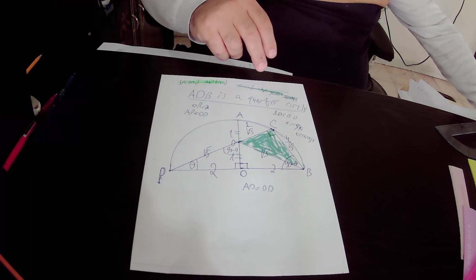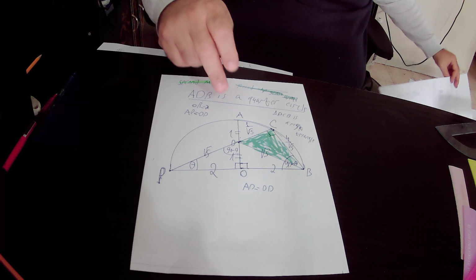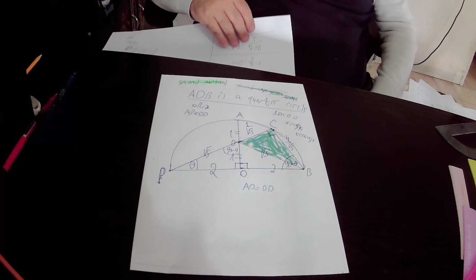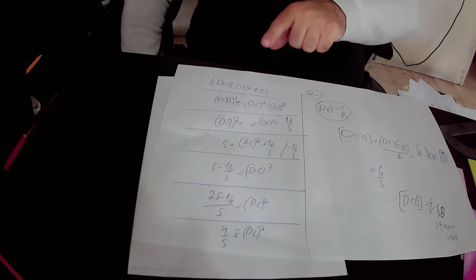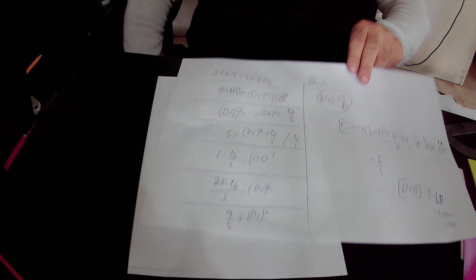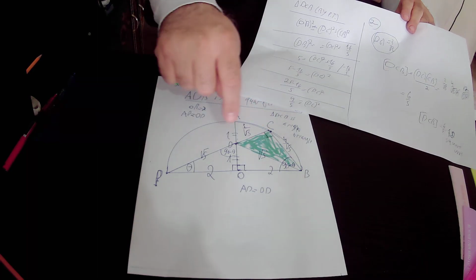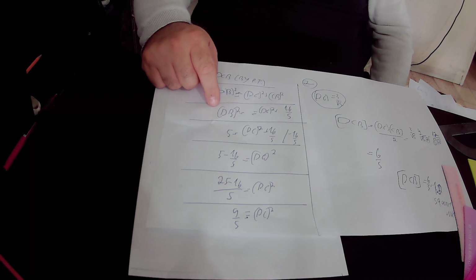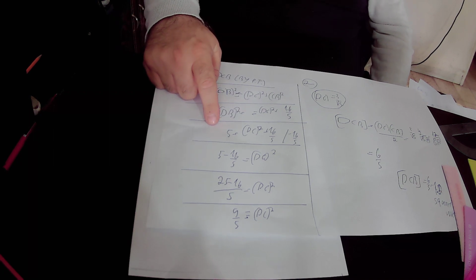Then we implemented the Pythagoras theorem on this right blue triangle DCB. According to the Pythagoras theorem, DB squared equals DC squared plus CB squared. DB is equal to square root of 5, so DB squared is 5.